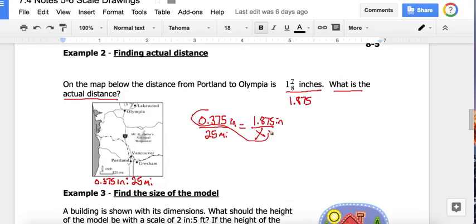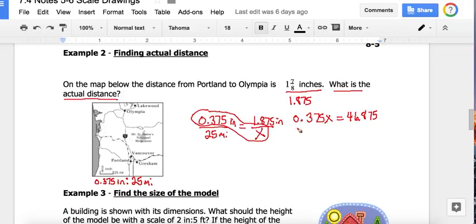So now we're going to use the cross product. So 0.375 times X is 0.375X. And then 25 times 1.875 is 46.875.